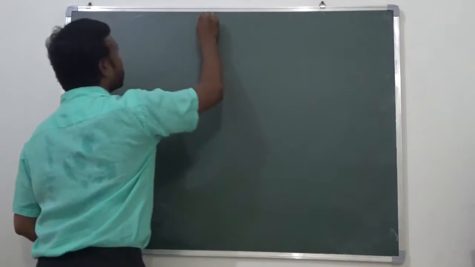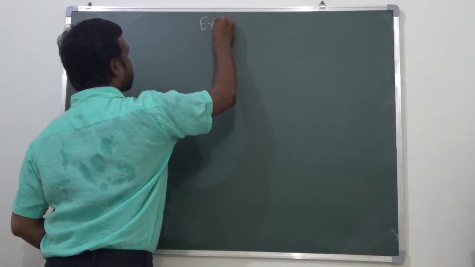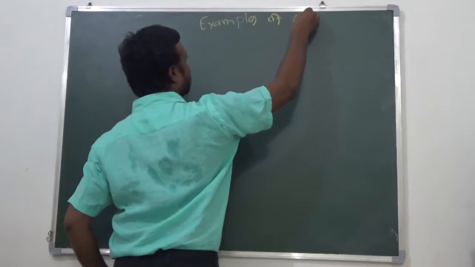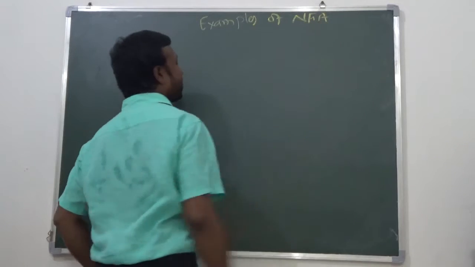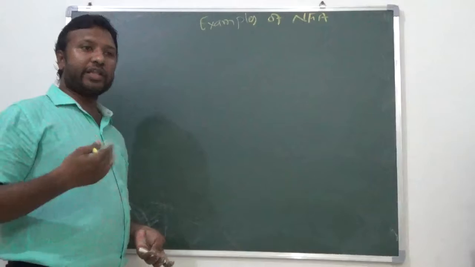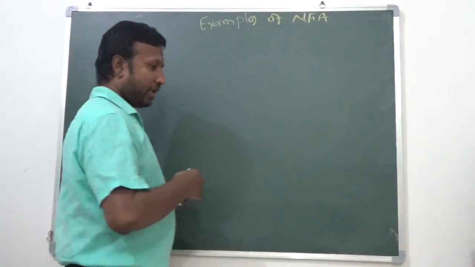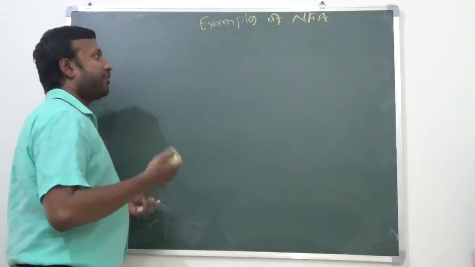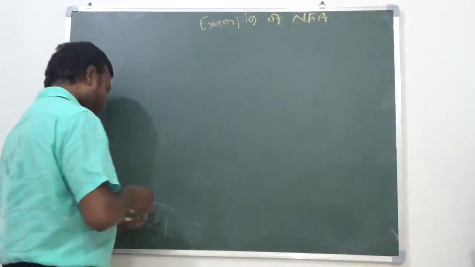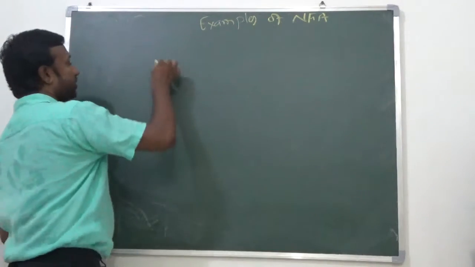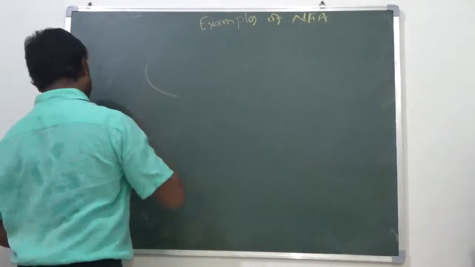Examples of NFA, and at the same time we will see how the computation of NFA looks. In case of DFA it follows a straight line, but in case of NFA, what form will it take? Okay, so let us analyze this NFA.